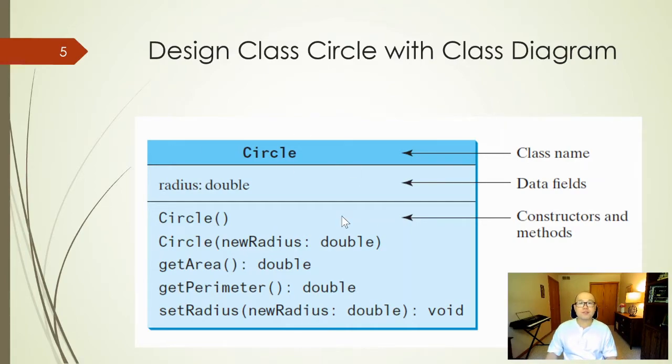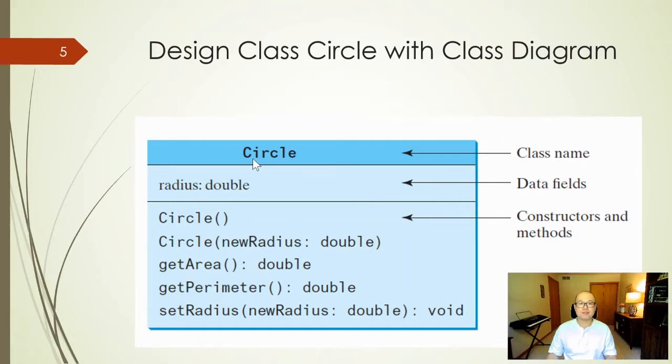Okay, so this is something called a class diagram, and this is just one single class. A class diagram can be more complex, so you can have multiple classes, and you can use different notations to model the different relationships among classes. But in this course, it's enough for you to know how to draw a class diagram with one single class, like so.